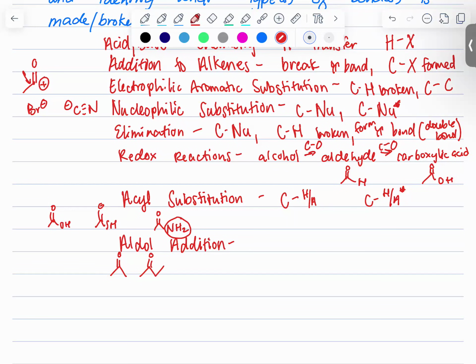What does our end product end up as? Them together. How are they connected? Double bond and condensation. We'll do that next.